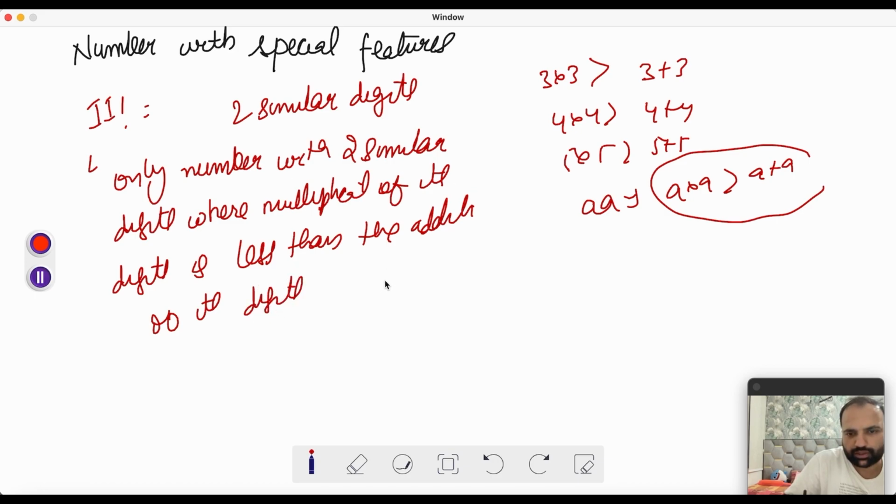How is it? So in 11 factorial, if I multiply 1 into 1 and I add 1 and 1, always 1 plus 1 would be higher. Just see what I've written over here.